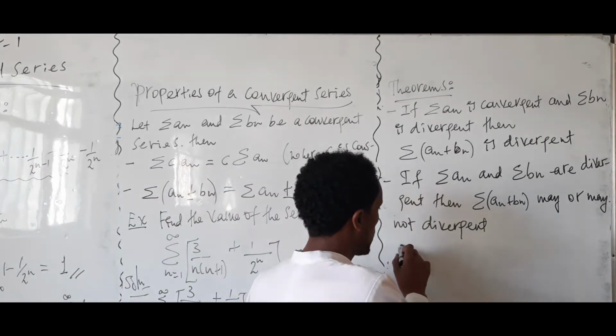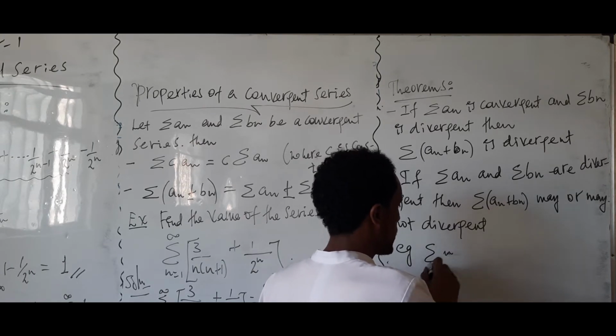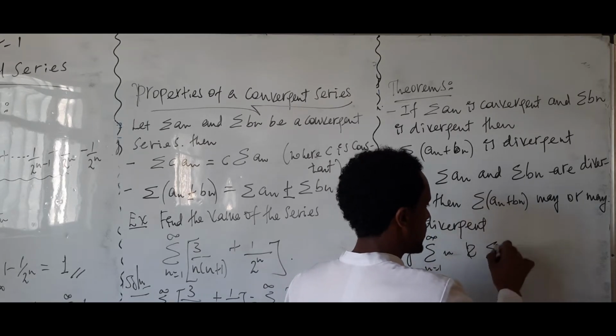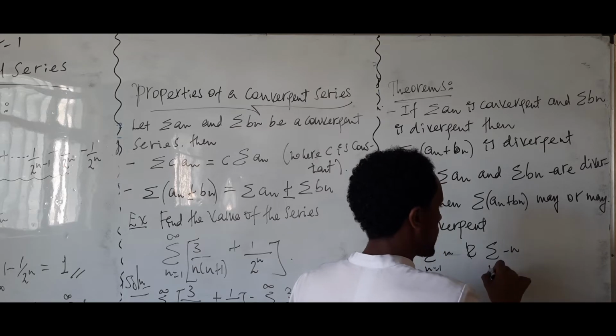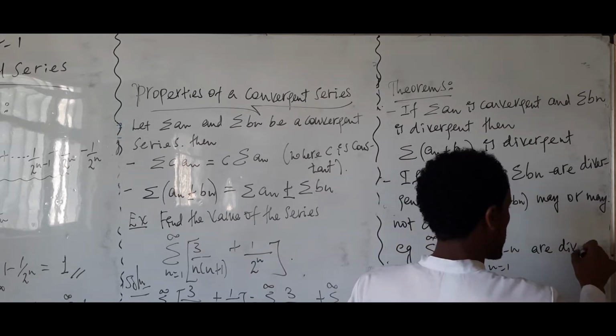For example, you can take the sum of n from 1 to infinity, and the sum of minus n from 1 to infinity. Both are divergent.